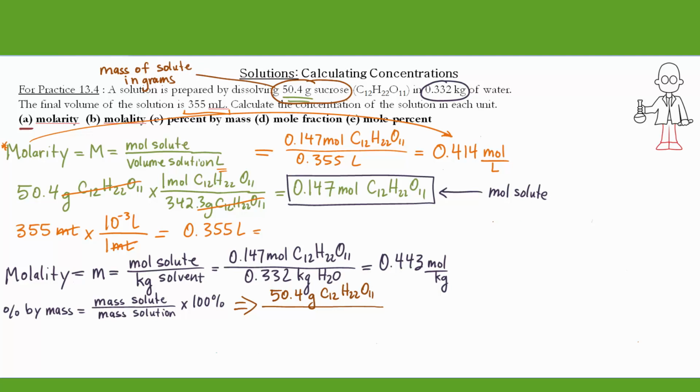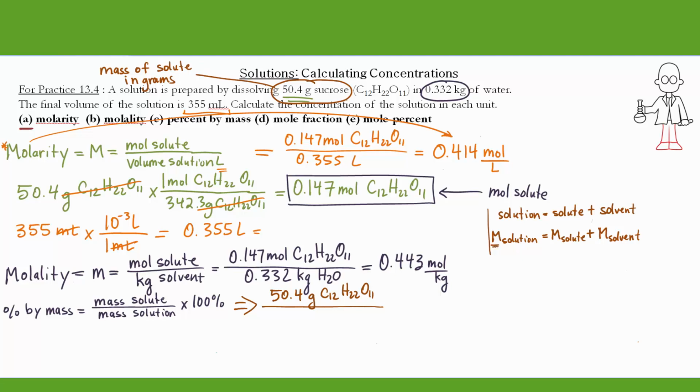So as I stated, the solution is equal to the solute plus solvent. So to get the mass of the solution, I need the mass of the solute plus the mass of the solvent. Okay?